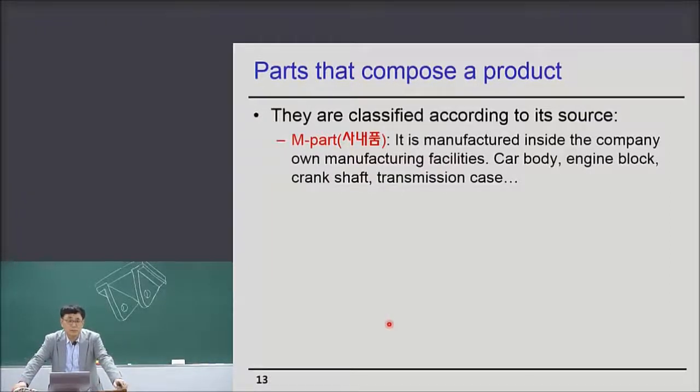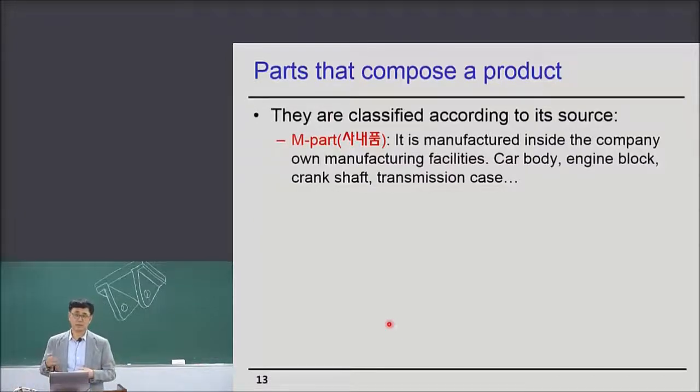M is the abbreviation of manufacturing. So an M part is manufactured inside the company's own manufacturing facilities, because these M parts are very, very important parts.